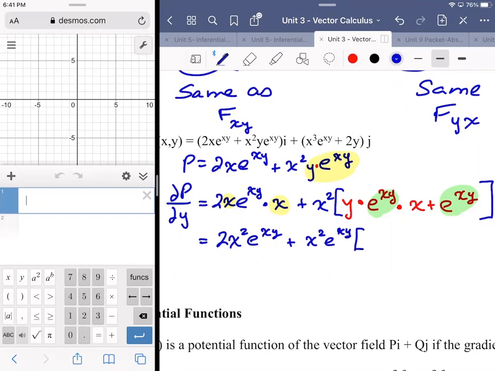When I pull those out, it looks like I have yx plus 1. And then I can go even further if I think it's helpful. I see that I have a common x squared, common e to the xy, that can come out of the whole thing.